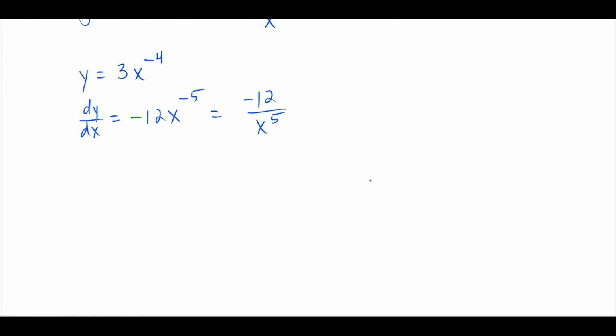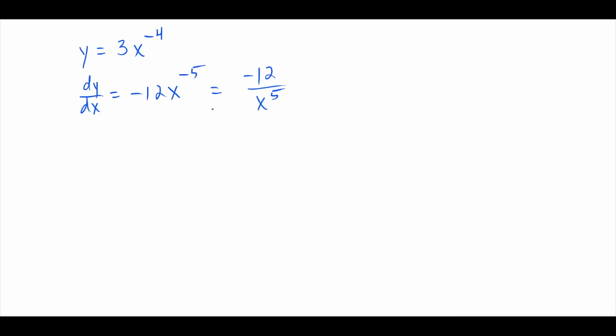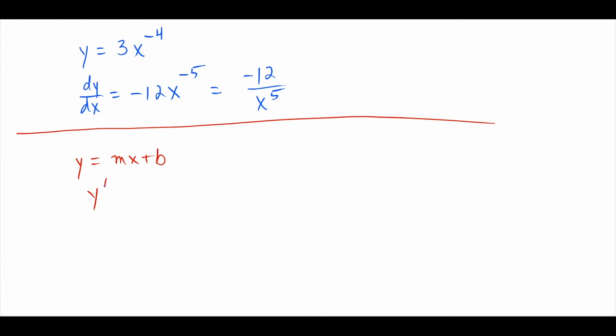The next case that's worth looking at is what do we do when we have linear functions? Sometimes the simpler the example is, the harder it is to use the power rule. But anytime I have a function in the form y equals mx plus b, the derivative y prime is just equal to m. Remember, the derivative tells you the slope of a function. So in the case where our function is linear, the slope is always constant, and the slope is the coefficient of x.